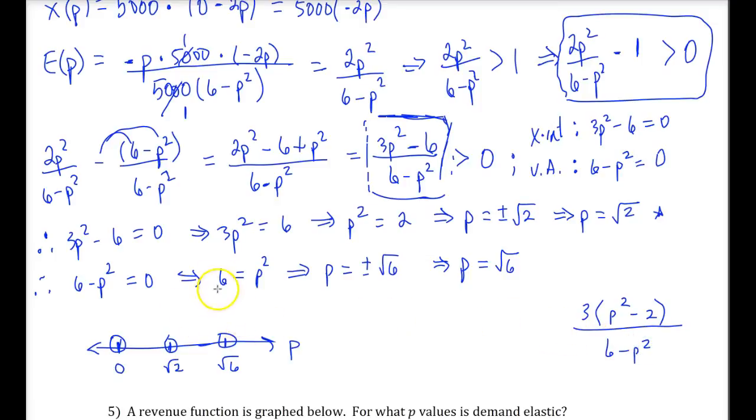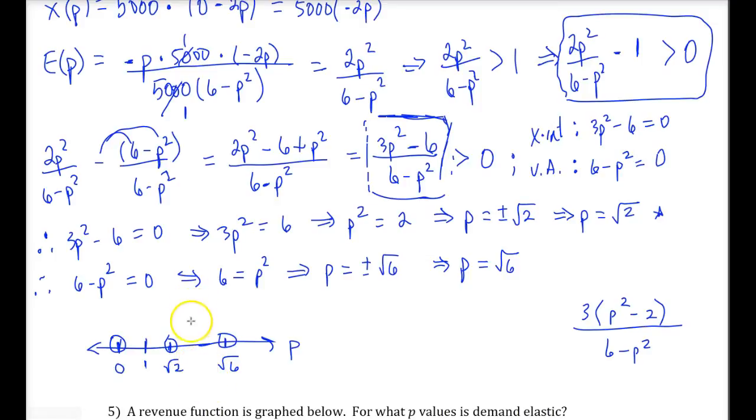And so now we want to choose some test values. So square root of 2 is roughly around 1.41, so we'll just use a simple test value of 1 here. And I know that square root of 6 is more than square root of 4, which is 2, but it's less than square root of 9, which is 3.